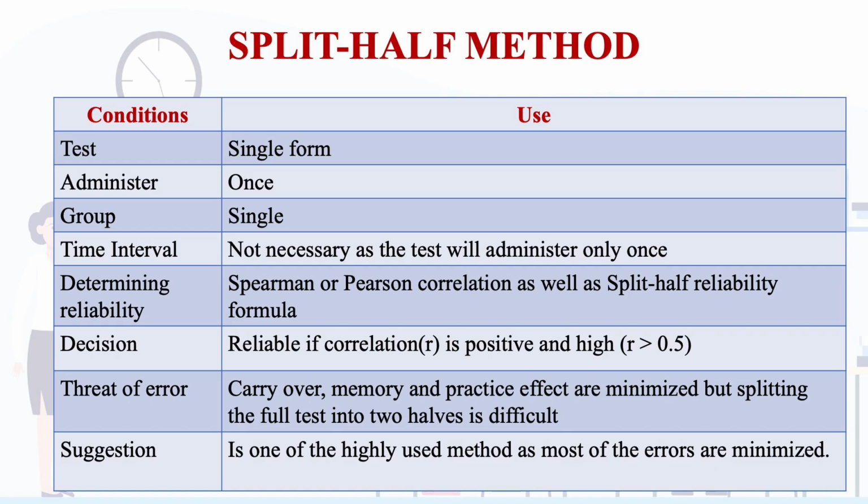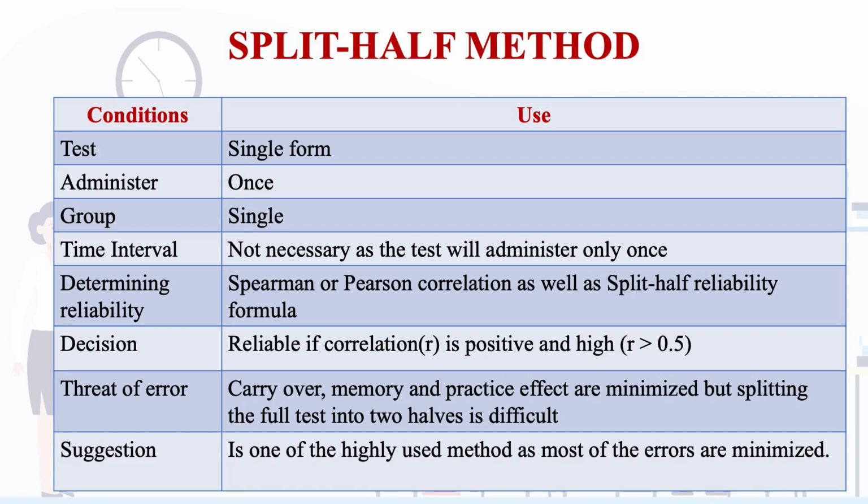We will discuss how to use this formula further. After using it, if the reliability coefficient R is greater than 0.5, then you can say that the test is a reliable test.